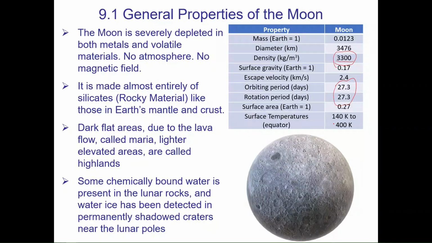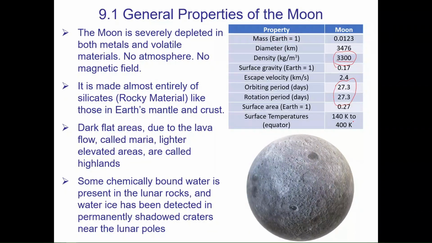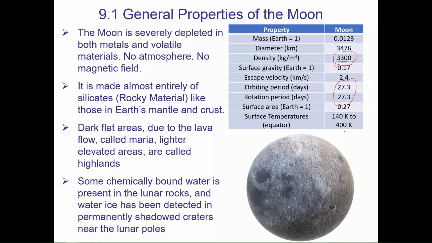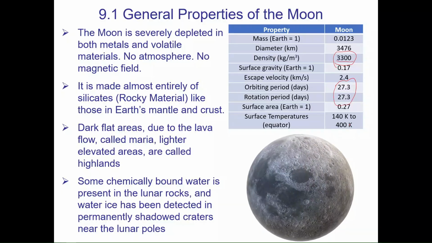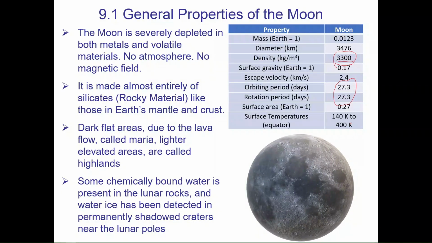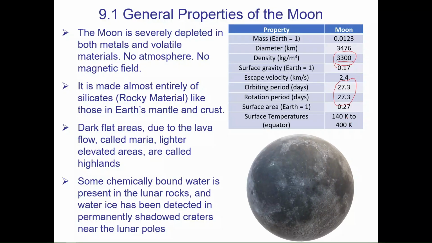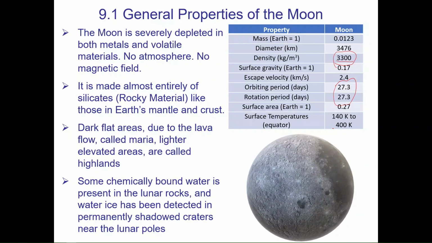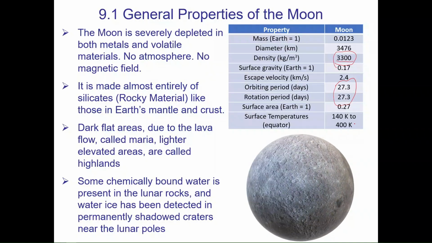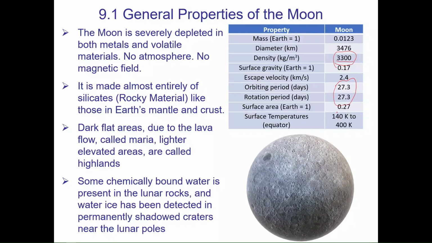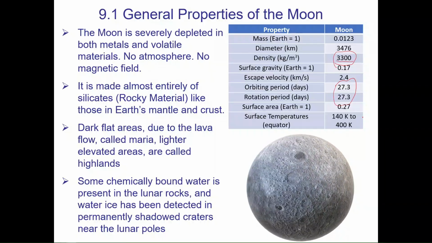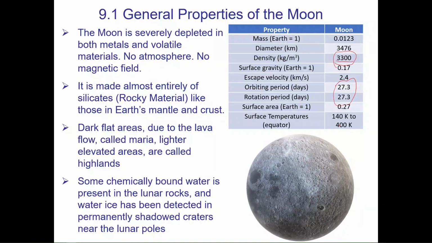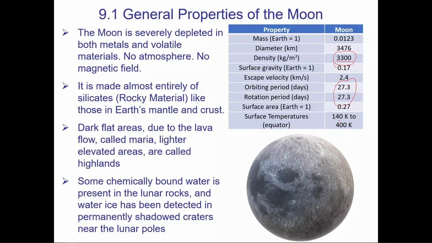But when it becomes very hot, it can reach 400 Kelvin, while water boils at 373 Kelvin. So the highest temperature on the moon is even higher than the boiling point of water on Earth. So you can imagine it's definitely not comfortable to live on the moon because it either gets too hot or too cold.